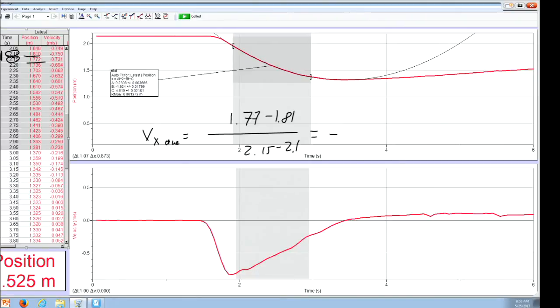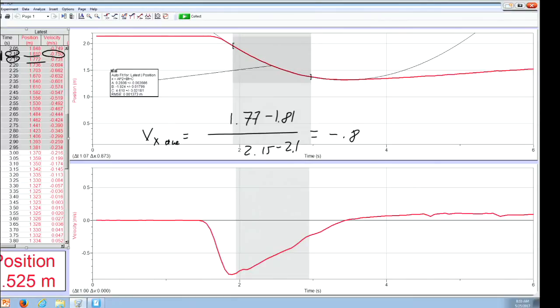Negative 0.8, which is very close to this number, negative 0.75. And this is actually how the velocity is being obtained in this experiment.